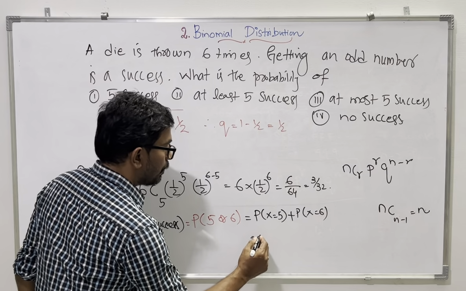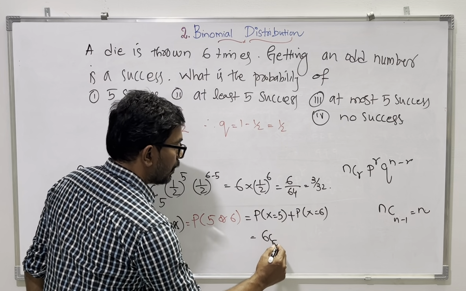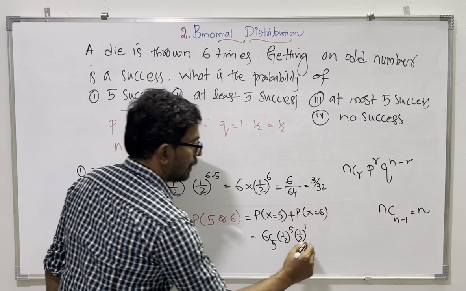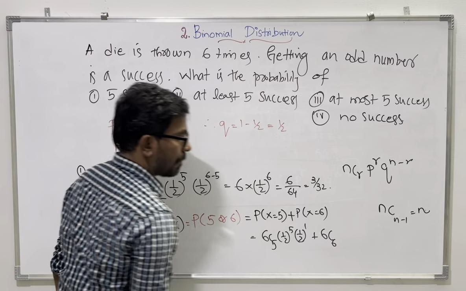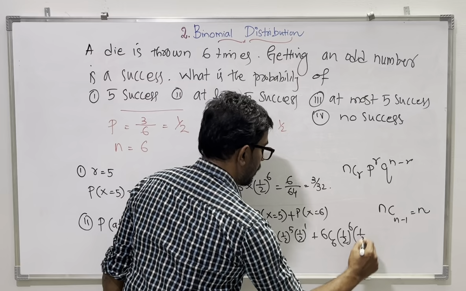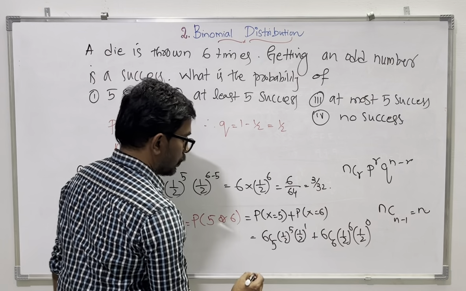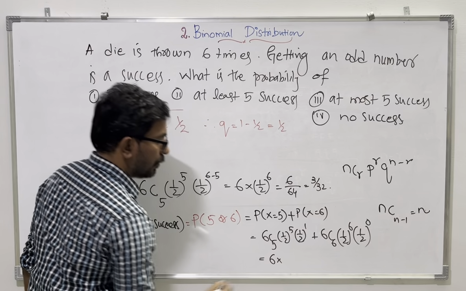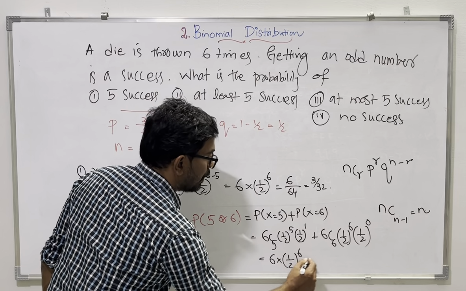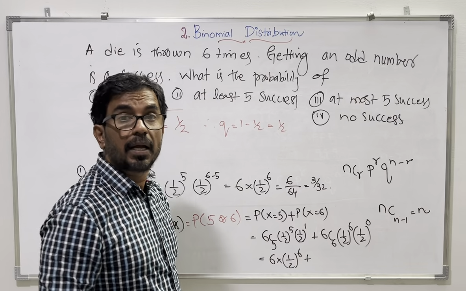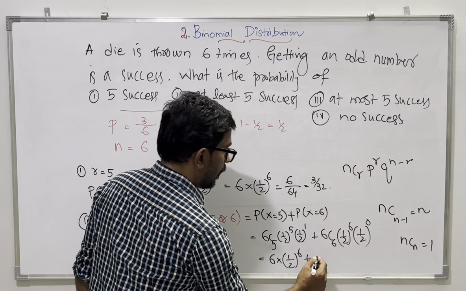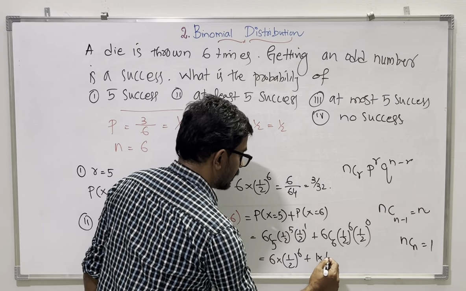So let us use the formula. 6C5, 1 by 2 to the power 5, 1 by 2 to the power 6 minus 5, that is 1, plus 6C6, 1 by 2 to the power 6, and 1 by 2 to the power 6 minus 6 is 0. When you calculate, this will be 6 into 1 by 2 to the power 6, since 5 plus 1 is 6, and nCn is 1, so 1 into 1 by 2 to the power 6.